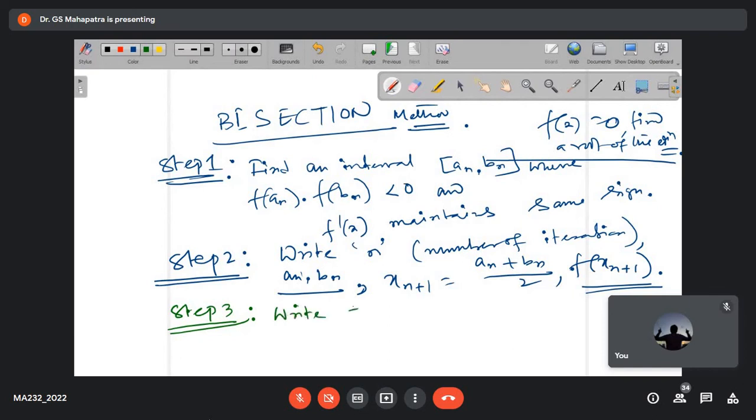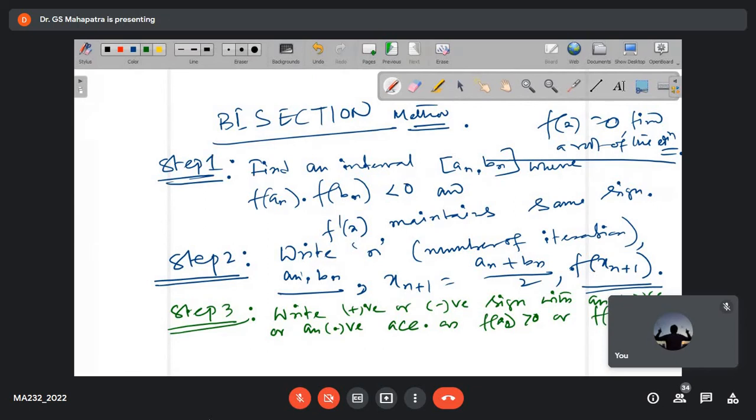The positive or negative sign with an, is it positive or negative? Accordingly, as f of a naught greater than 0 or f of a naught less than 0, correct?